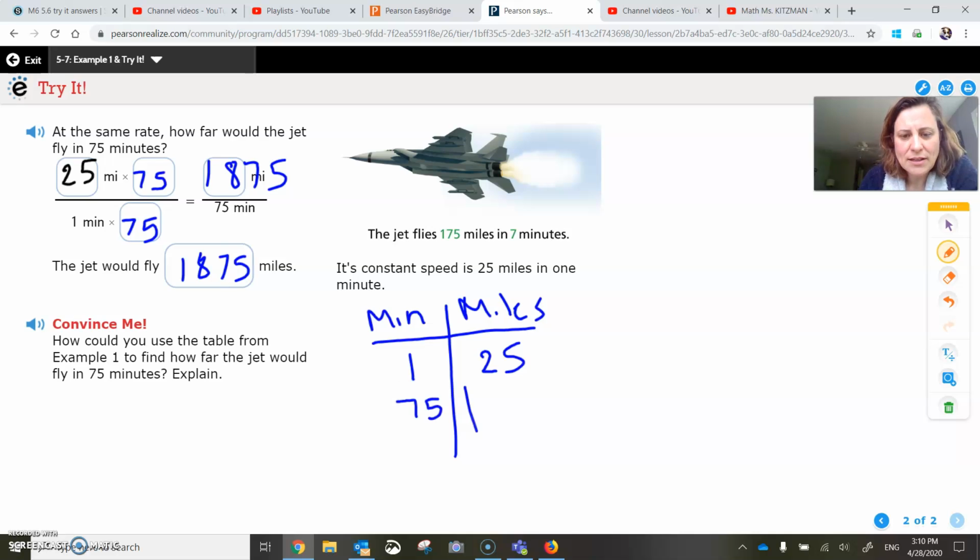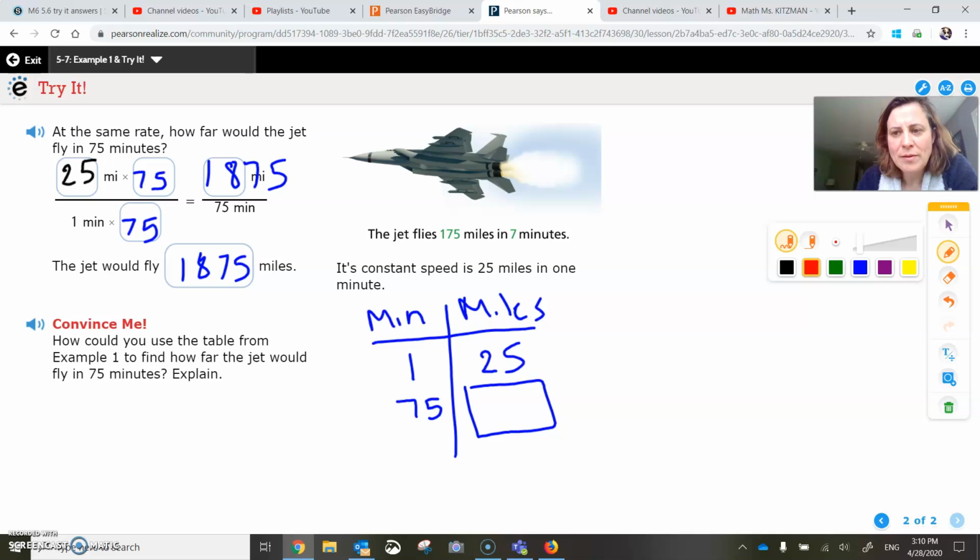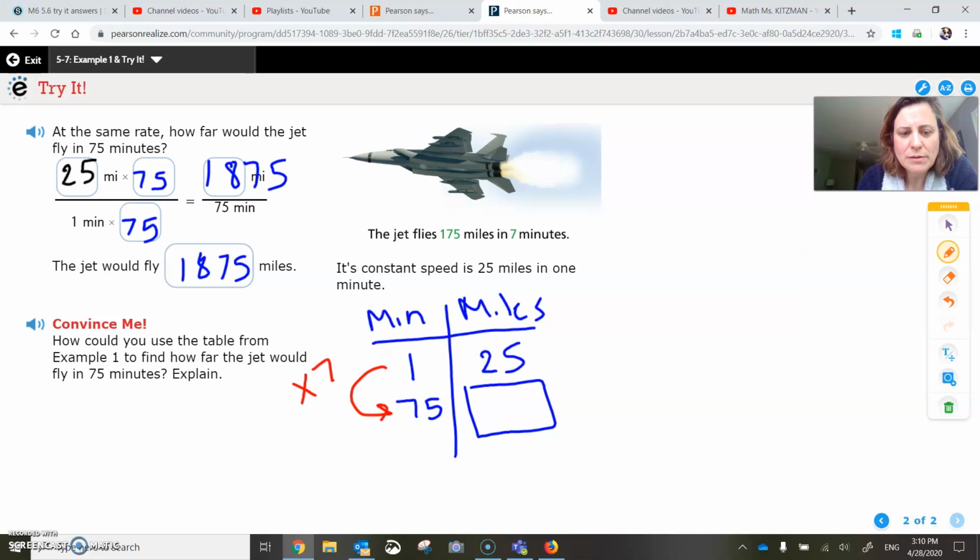So 75 minutes goes there, and we're trying to find the number of miles. And just like we did right above this, to get from 1 to 75, you would multiply by 75, so you have to do the same thing here. And then you end up getting the exact same answer. So there's two different ways of doing the same thing.